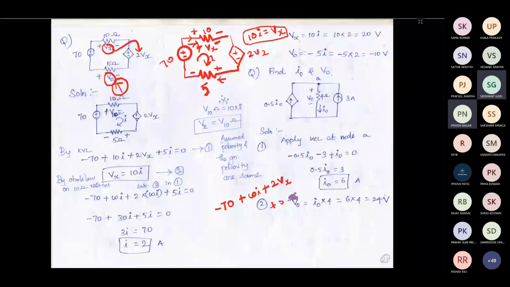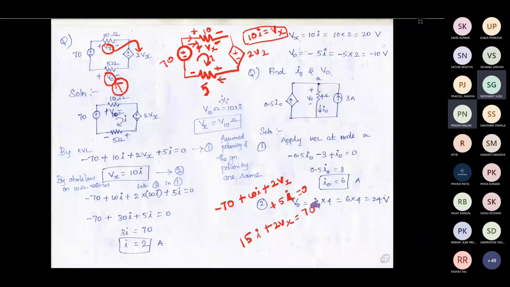If you rearrange this equation, you will get 15I plus 2 Vx minus 70 equal to 0. You can take 70 to the other side.